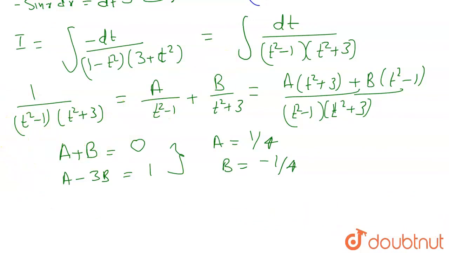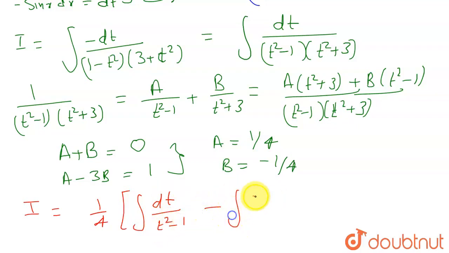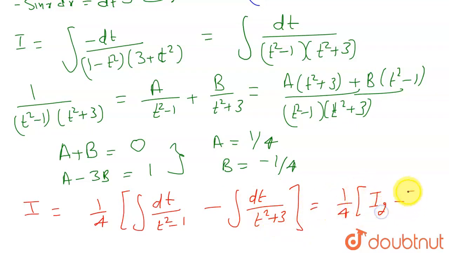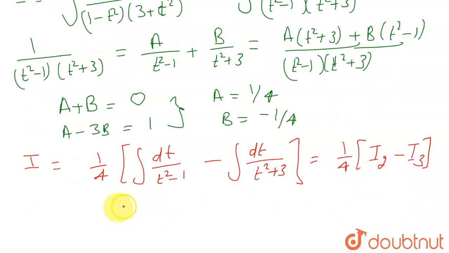Therefore our integral becomes I equal to 1 by 4 integration of dt upon t square minus 1 minus integration of dt upon t square plus 3. Let's write it as 1 by 4 (I2 minus I3). Now let's calculate this I2 and I3 separately.